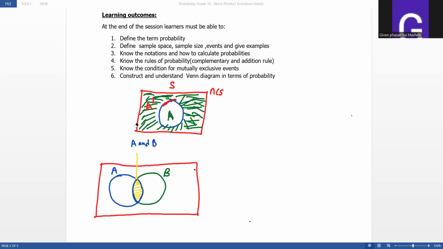Now, how about this other part, this side? Let me just use a different color. How about this area here? And how about this other part, this side?